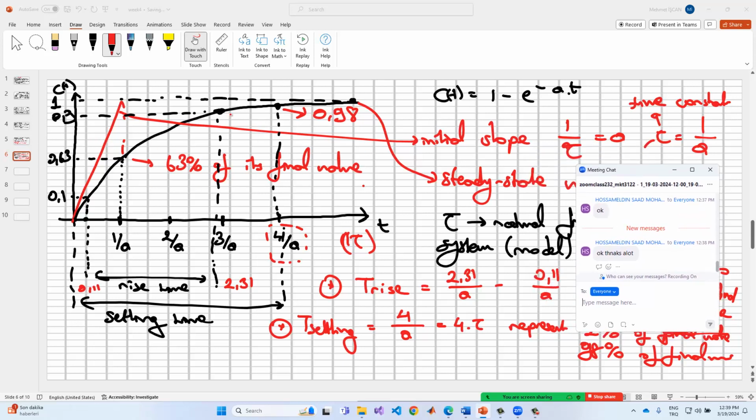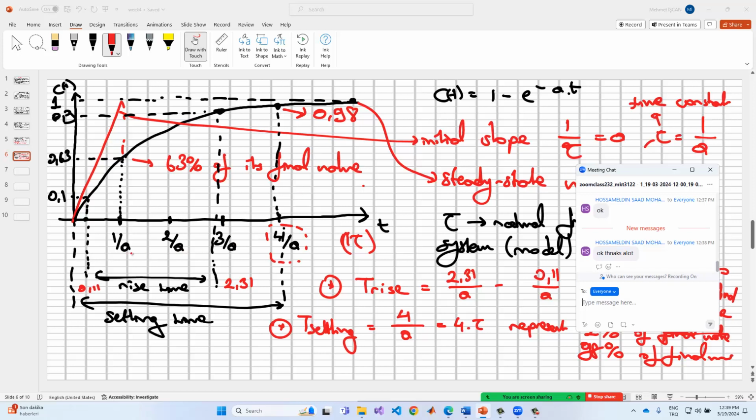This is the normalized plot for every response in the time domain. This is derived from the time constant. The time constant is the basic vector for the time to scale our system. For example, if I choose 5 for A, we have a different response in here.